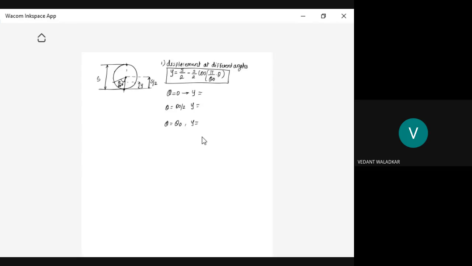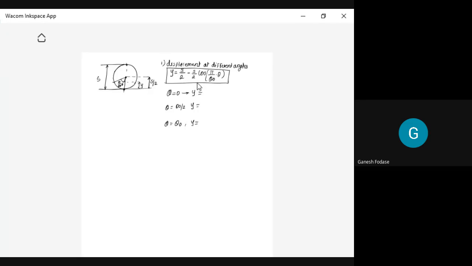So at theta is equal to 0, what is the value of y? It is 0. See, at theta is equal to 0, if I put 0 here, cos 0 is 1.